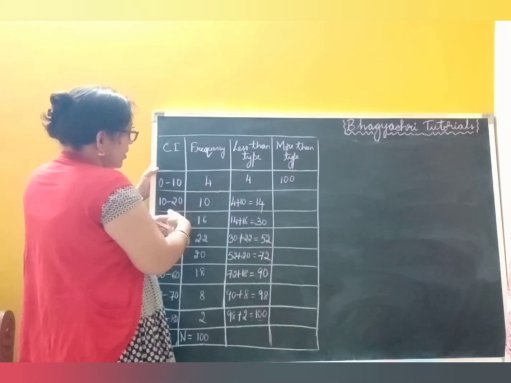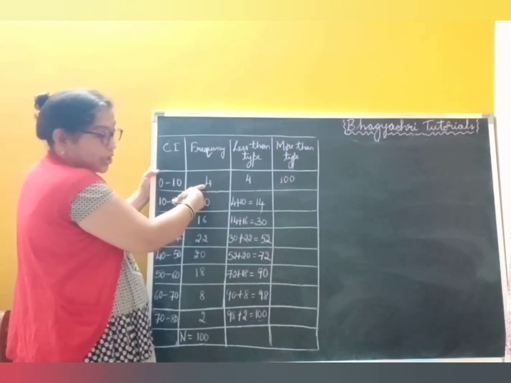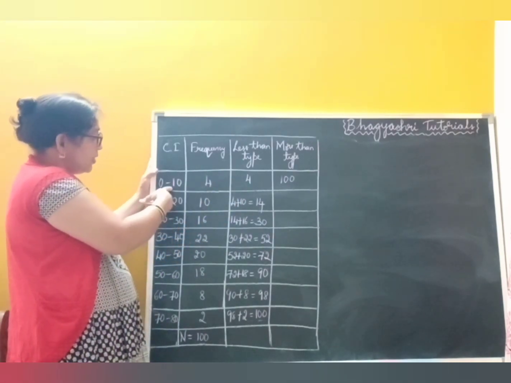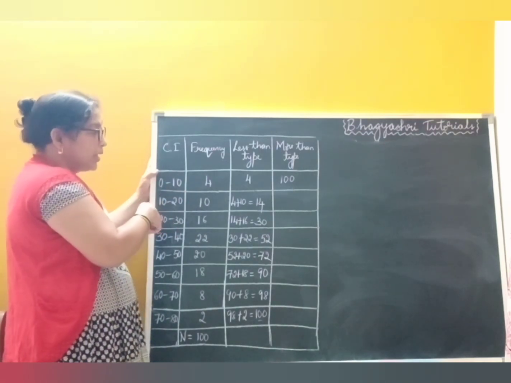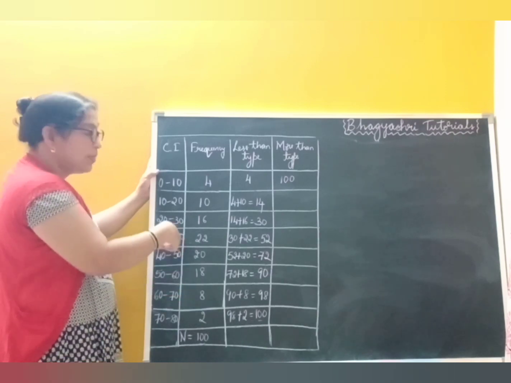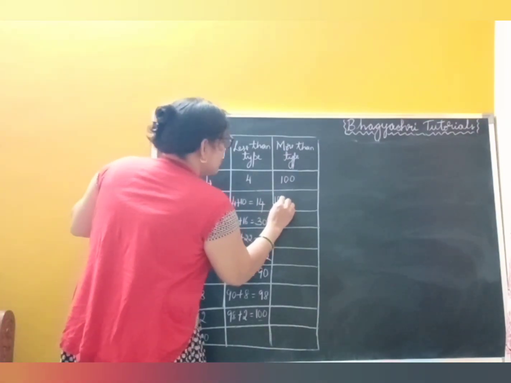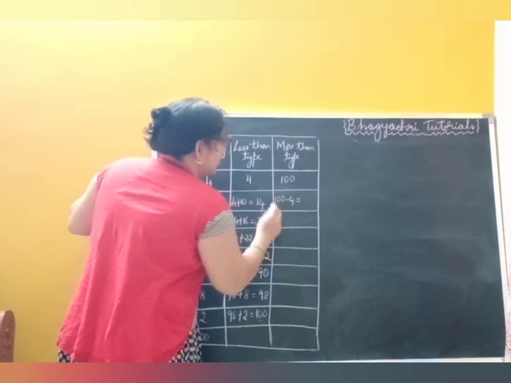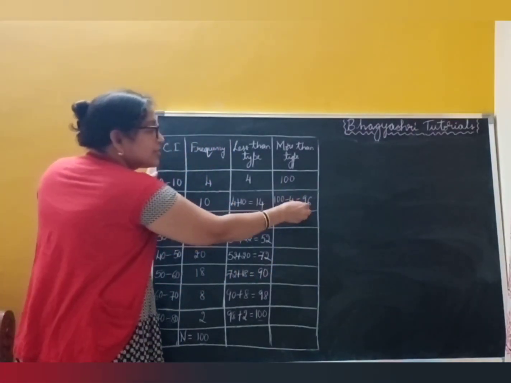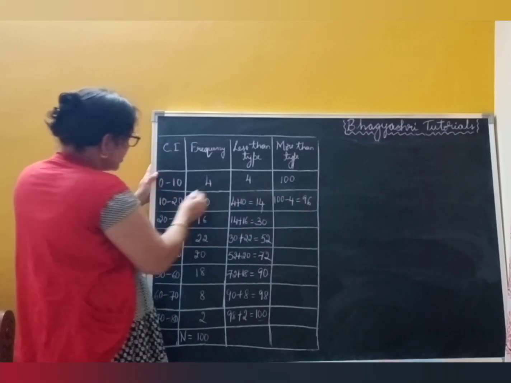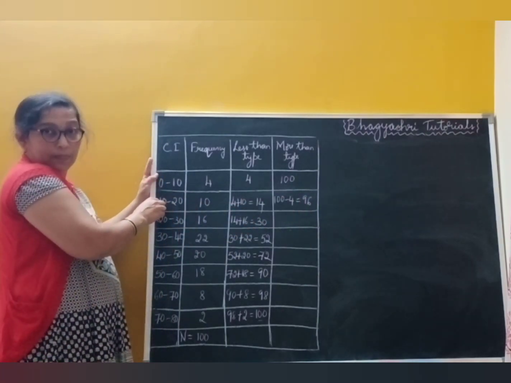See here, these four children have got marks less than 10 because it is the 0 to 10 frequency. So how many are remaining? 100 minus 4, it is 96. So 96 students got marks more than 10.